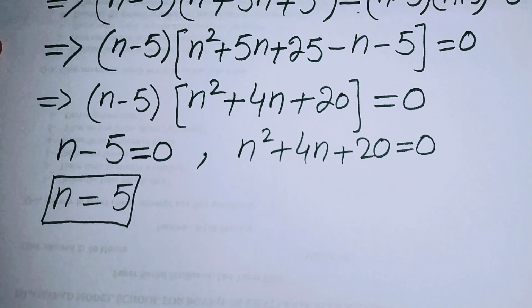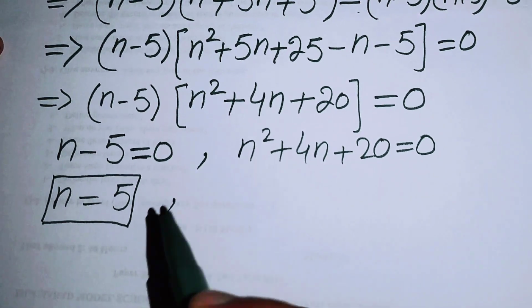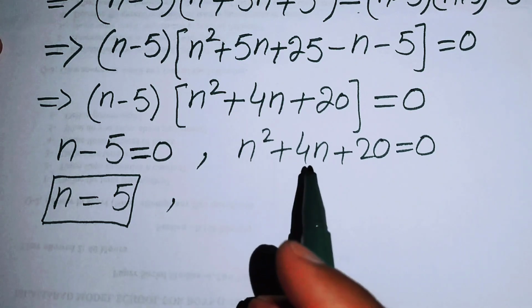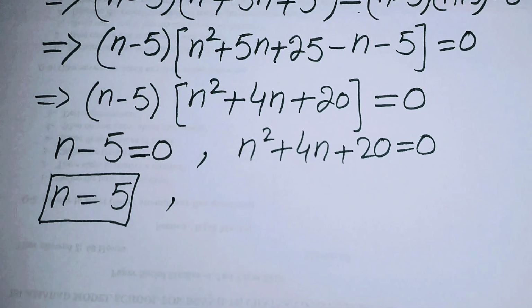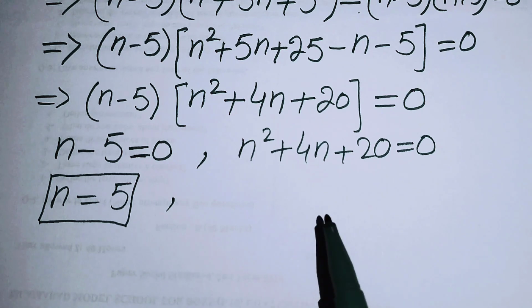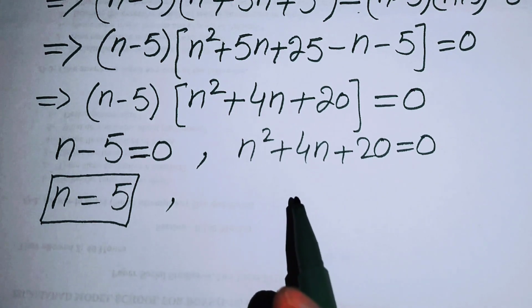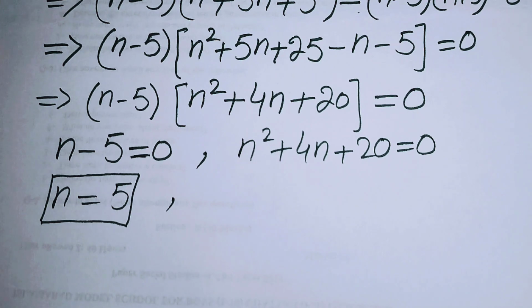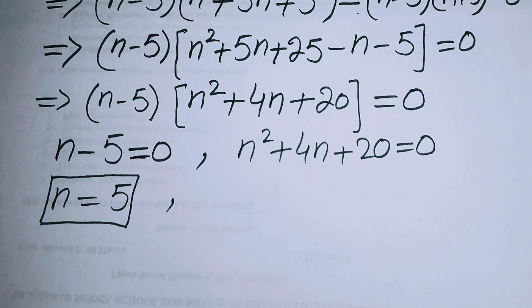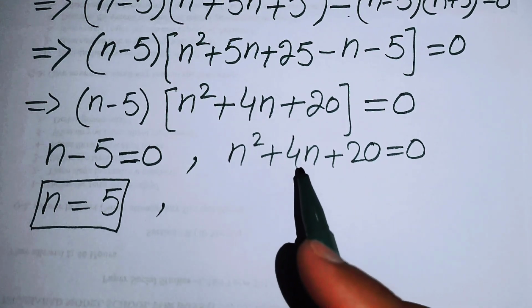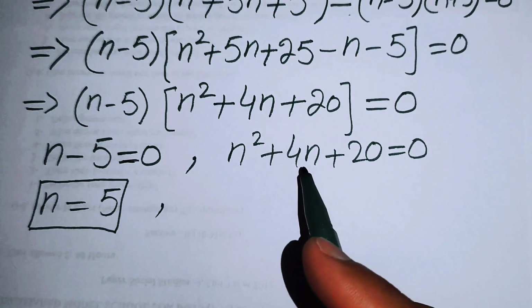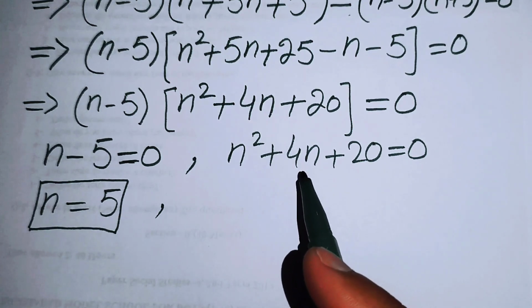Now in order to find the other solutions of the given question, we need to solve this quadratic equation. But remember that in this question we need only the real solutions. So first I can check whether this quadratic equation has real roots or not by using the discriminant formula.